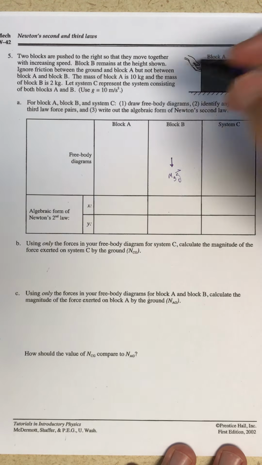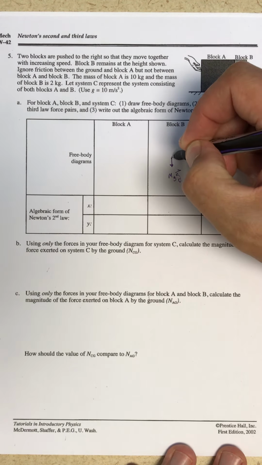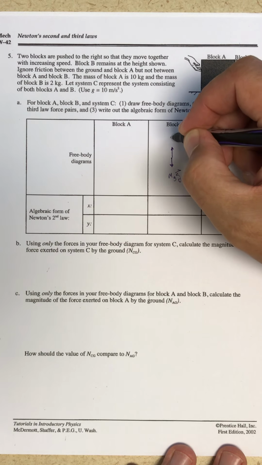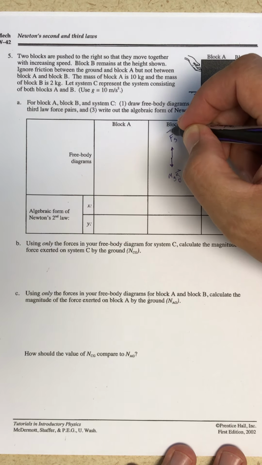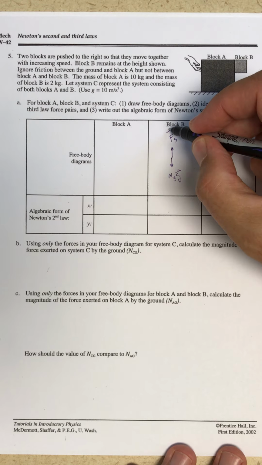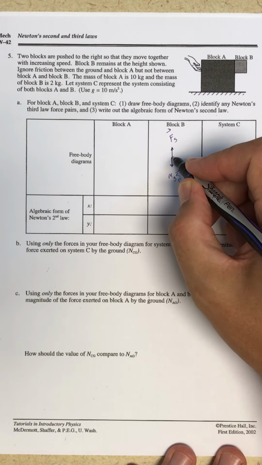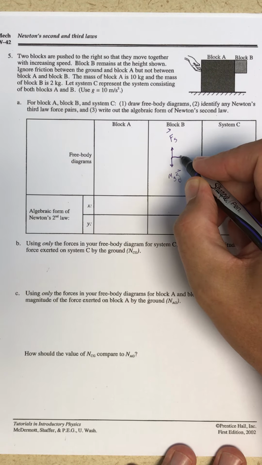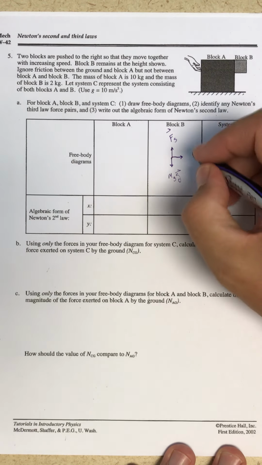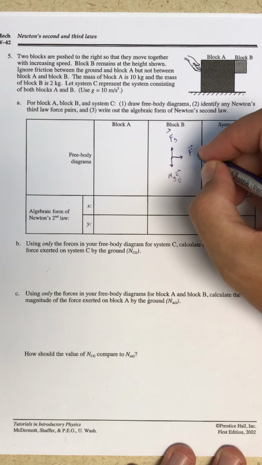And then what cancels out that weight? It's going to be a force of static friction up, and block A is pushing into block B with some force, which I'll write as the force on B due to A.